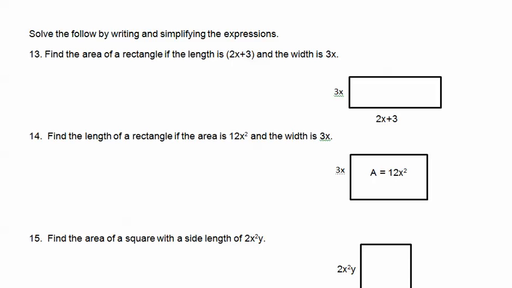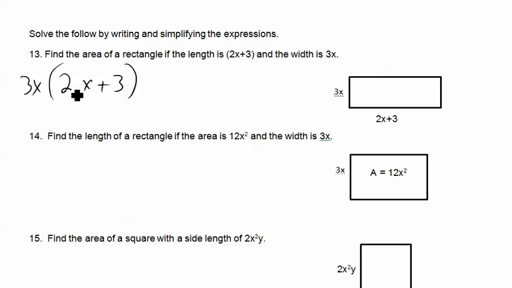On the word problems down here below, on the applications, just remember that area is length times width. So we take this 2x plus 3, and all of that times 3x. So then we just distribute.